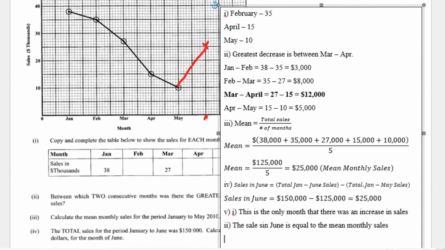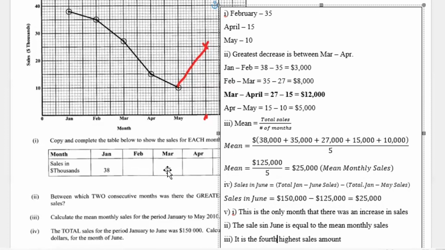And also I realized that it is the third highest sales amount, even though it is not the highest, but is it the third or fourth? Let's see. No, so we have 38. No, it's the fourth, because we have January was 38, February was 35, and March was 27. Okay, it is the fourth highest sales amount.